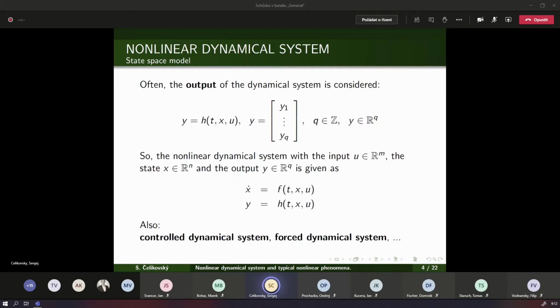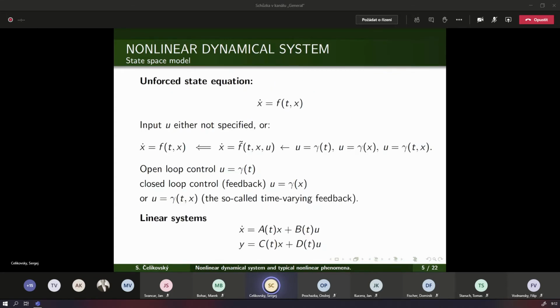So it's good to understand what is happening with the system where you already have fixed the behavior of the right-hand side. So this is the so-called unforced state equation. In general, it is just x dot is equal to f(t, x). T stands for time. And clearly, you can obtain it either from the original control system in such a way that, for instance, you use some time function for your input.